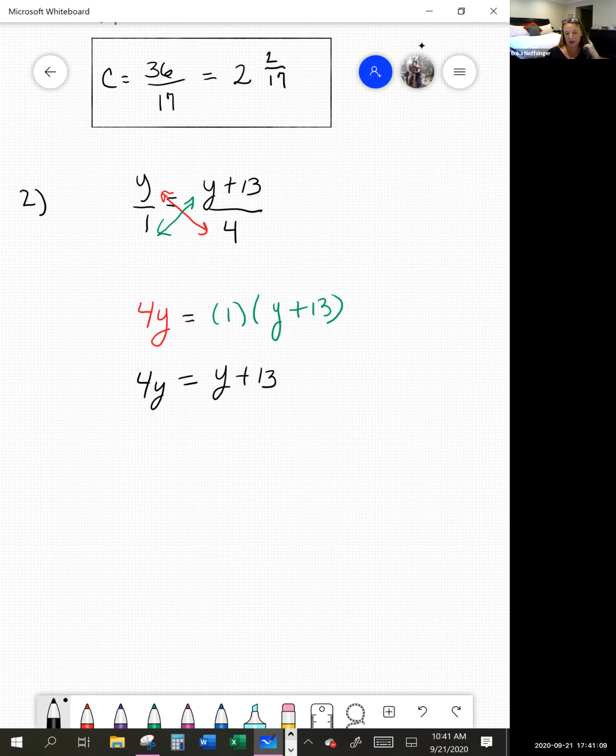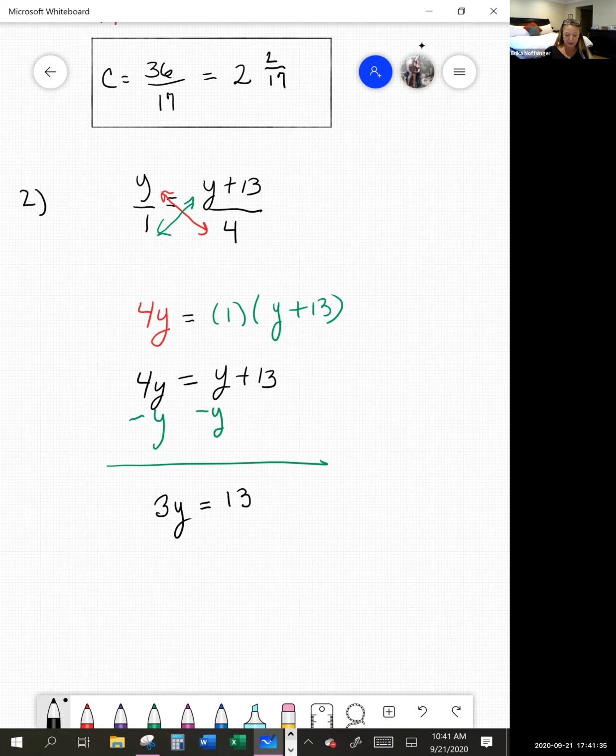Okay, so you've got an equation with a variable on each side. You have to look at what type of equation, it's linear. So that's where you want to get all the terms with a variable to one side of the equation. You can do this just because this is an equation. So we could subtract y on both sides. So we have 4y minus 1y is 3y is equal to 13.